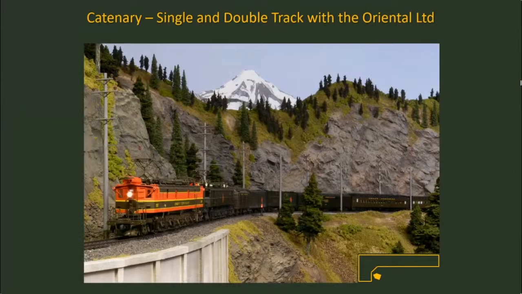Here's an example of the catenary on that upper level. And you see both single and double track here, double track off to the right. And there was a tower, or a pole, on either side of the track. And then where you had single track, there was a single pole for the catenary. And I'm not modeling the catenary wire itself, and my logic goes like this.